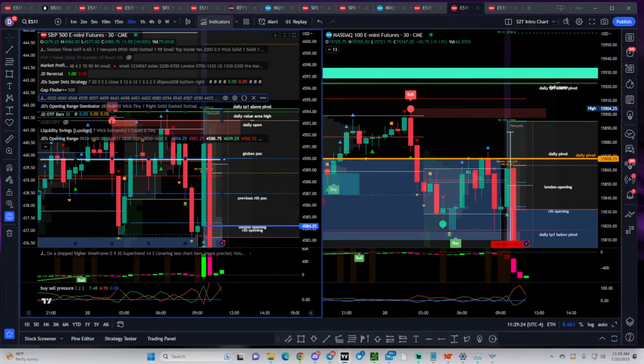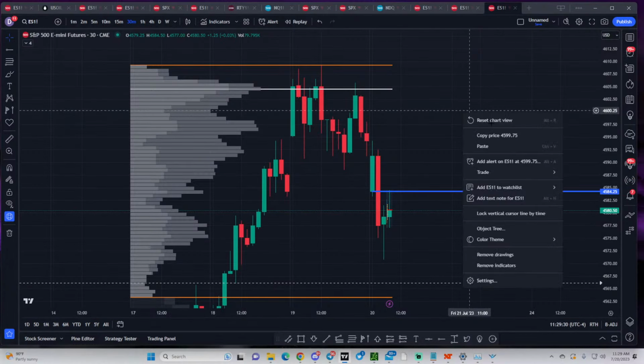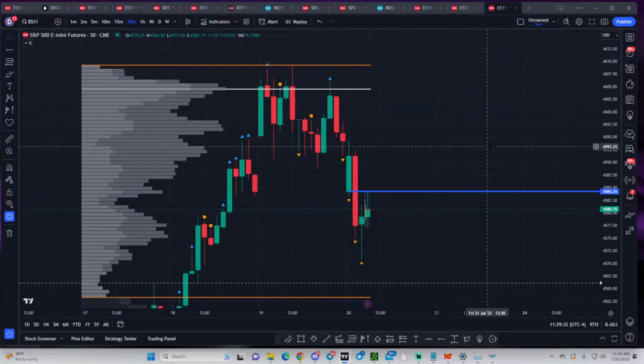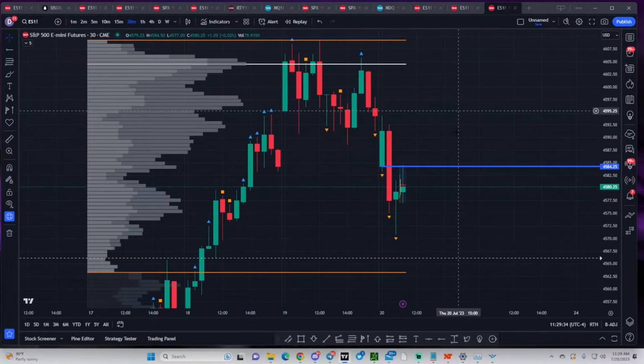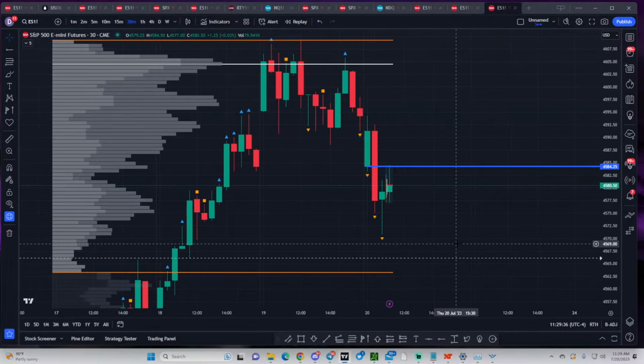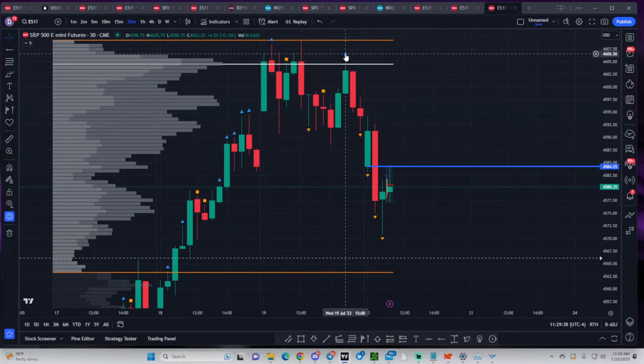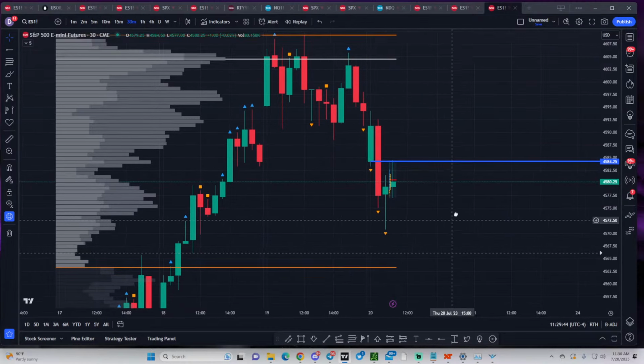So I have created this indicator here. This indicator is an indicator of one-time framing. Every time you see a blue arrow, we're one-time framing up. Every time you see a yellow arrow, it is one-time framing down.